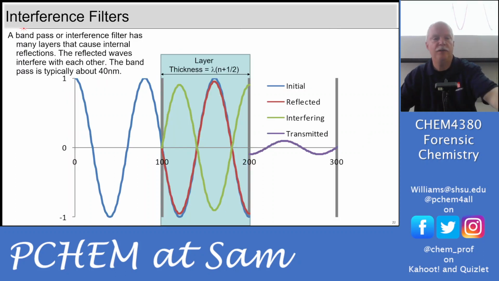So this is how an interference filter works. And like I said, it works best with a laser because with a laser you have a well-defined wavelength. So you have a laser coming in with a particular wavelength, and the interference part has this layer that's been deposited on the surface of the filter. And that layer has a particular thickness. It's some multiple of the wavelength of light plus a half.